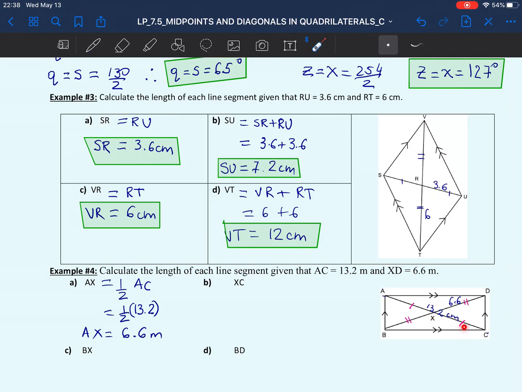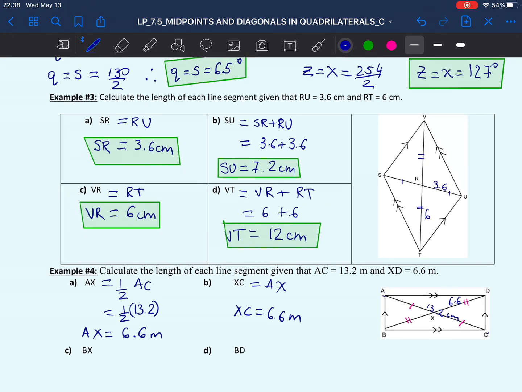For length XC, since we are in a parallelogram again, these two sides are equal, so XC equals AX. And we just found AX, so XC equals 6.6 meters as well.